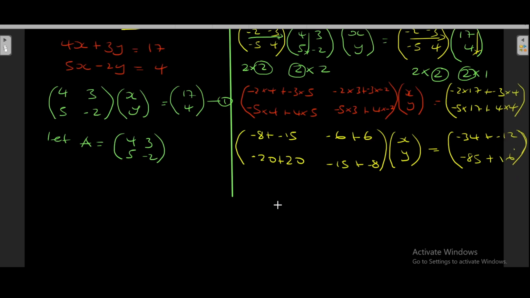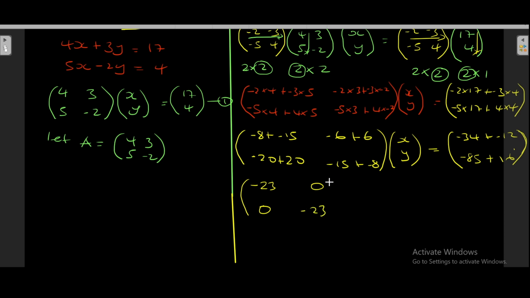If you try to add up here, then we can move further, to see how we can relate it with what we are doing. If I add up here, negative 8 plus negative 15 is going to give us negative 23. This will be a 0. This will be a 0. Negative 15 plus negative 8 will be negative 23.